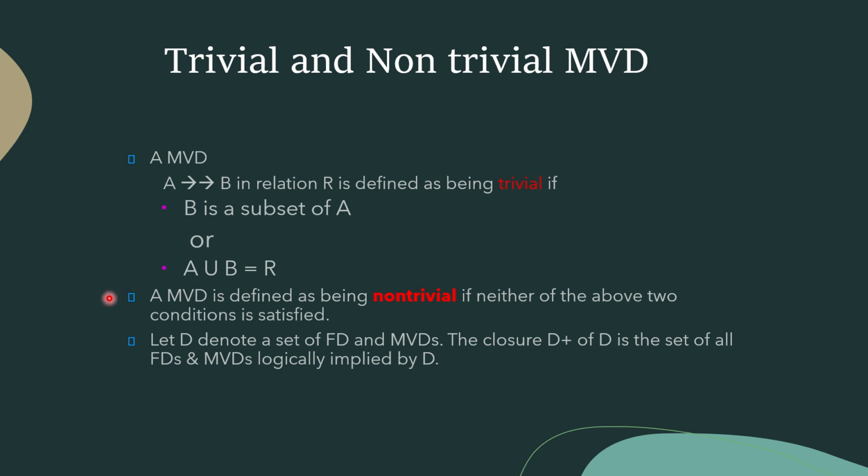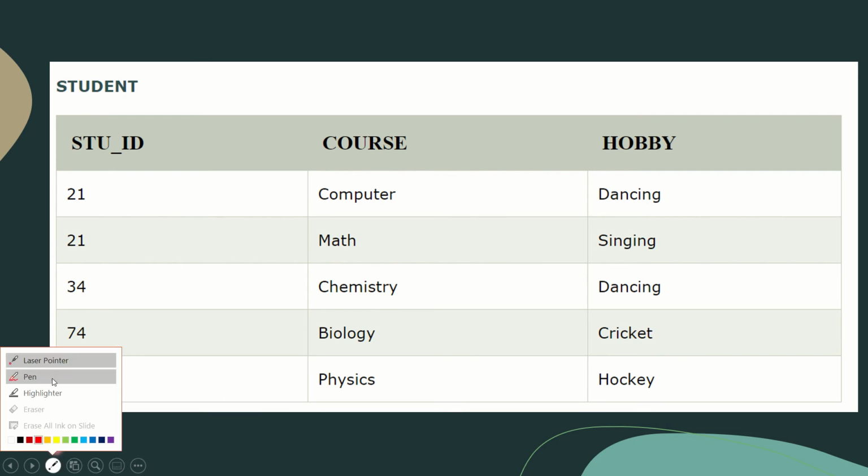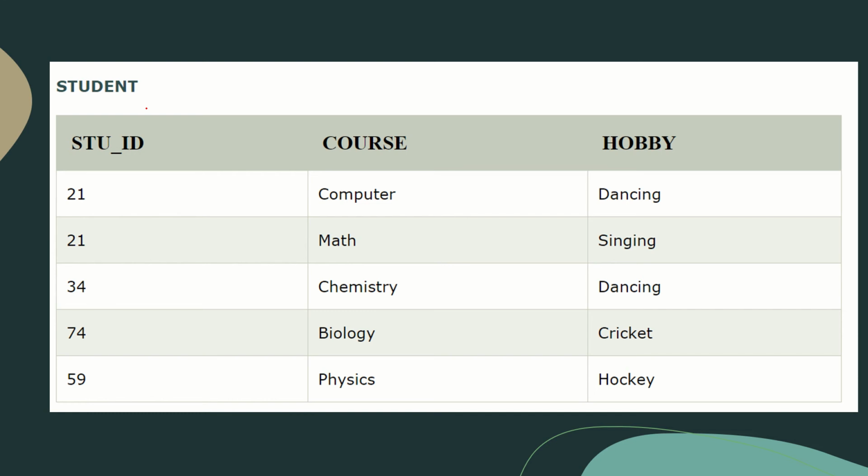Next, we have to study the meaning of trivial and non-trivial multi-value dependency. Before explaining that, I will show you one example table that has multi-value dependency. Let this be x. Suppose this column corresponds to the x attribute, this to the y attribute, and this to the z attribute.